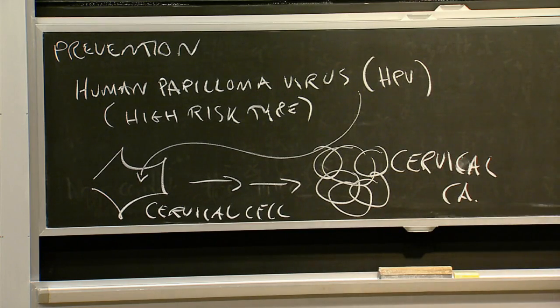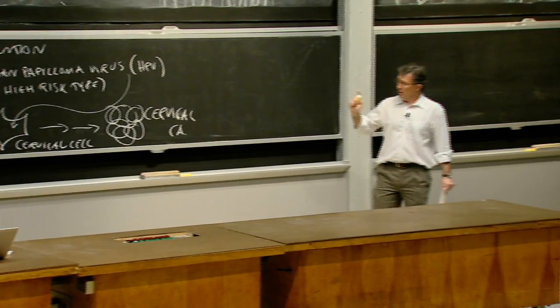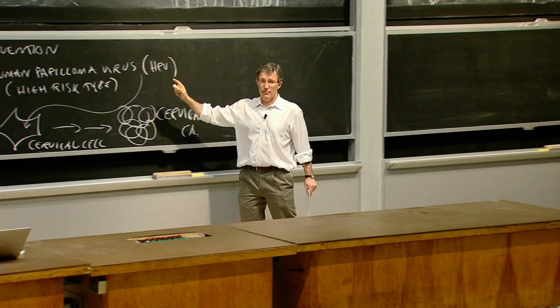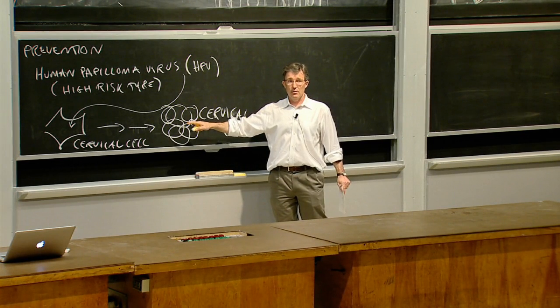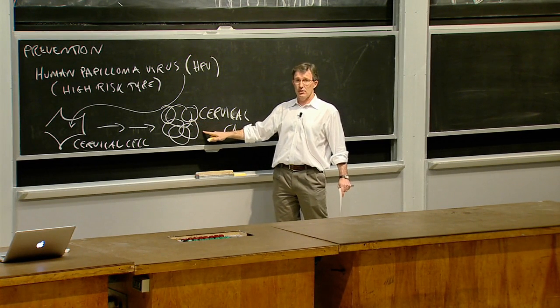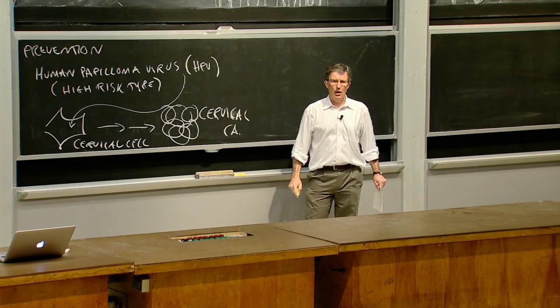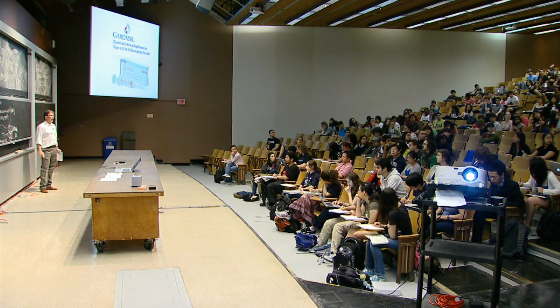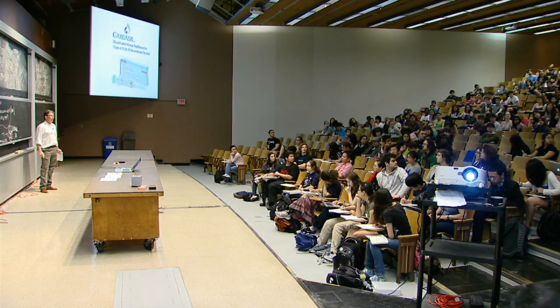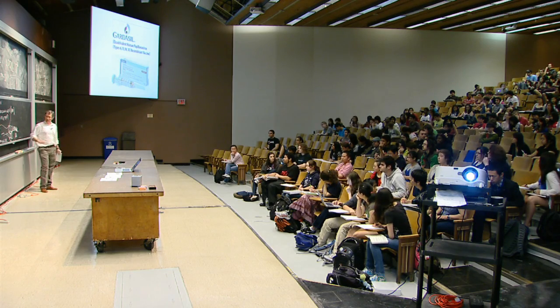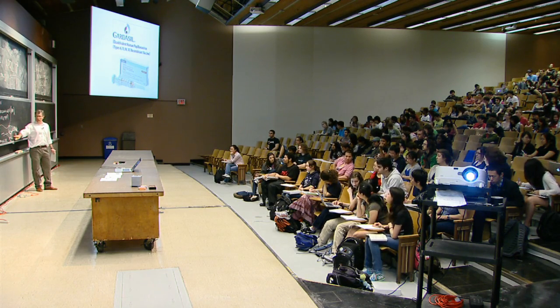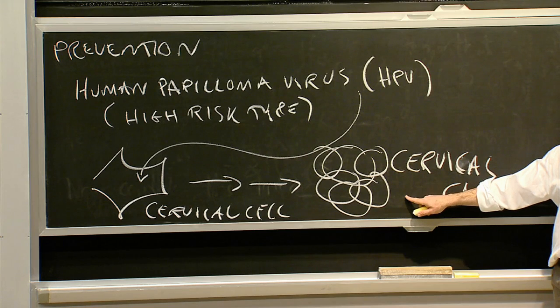This suggests that the virus, some genes of the virus, are changing the cell's behavior in such a way that it develops into cancer. Yes? Thank you. So something in the virus is causing the cells to divide abnormally into a tumor.